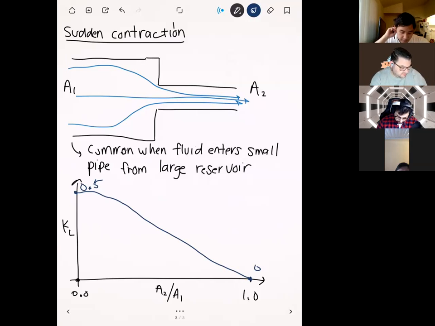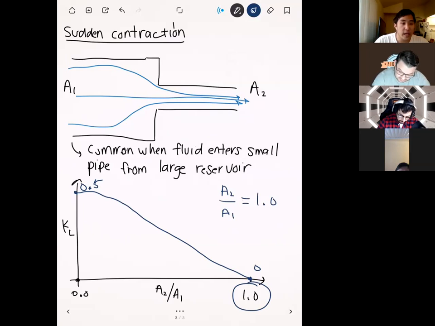And so how do we read this graph? Let's look at the case when A2 over A1 is equal to 1. When A2 over A1 is equal to 1, this means that the outlet area is the same as the inlet area.